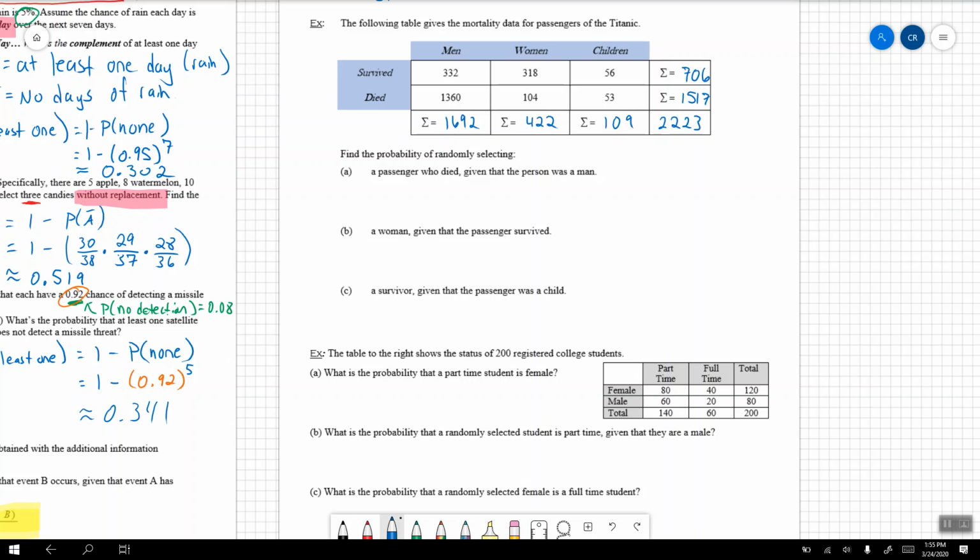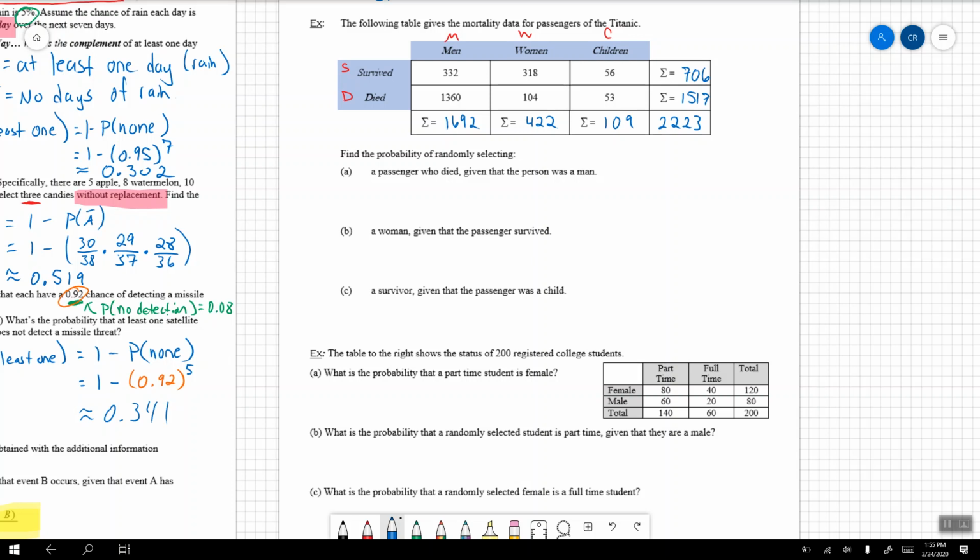All right, so now that we have this, watch what I'm going to do here. I'm really quickly going to assign some variables to these events. For men, I'm going to assign the variable M. For women, the variable W. For children, the variable C. For survived, the variable S. And for died, the variable D. Notice they're going to give us the probability in sentence form.